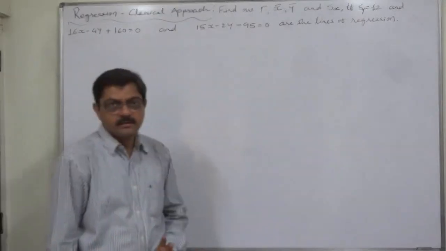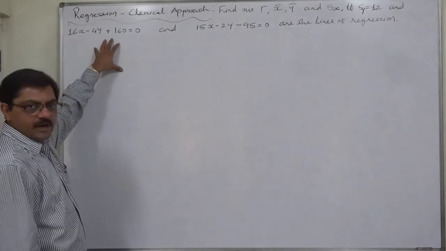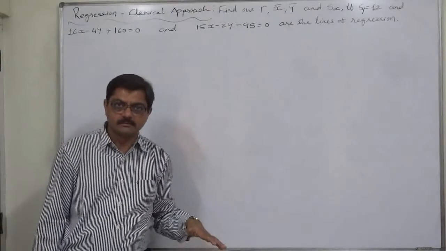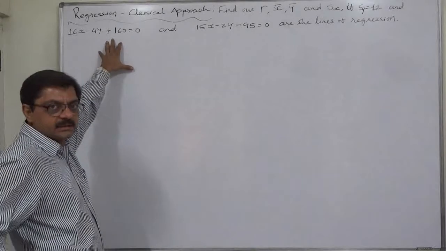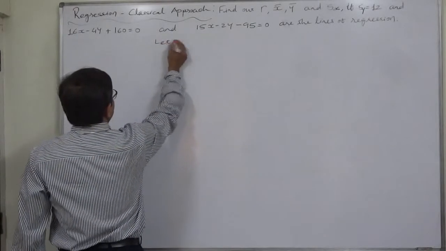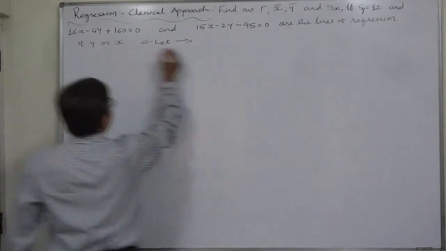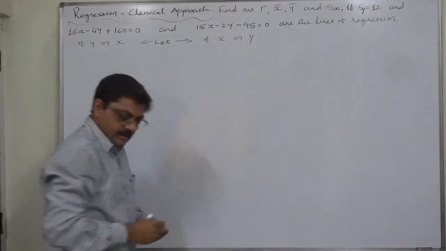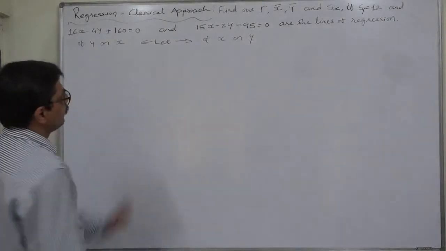So normally the paper setter gives the first equation according to our mathematical axiom. Deliberately it can be changed, but I don't prefer to change this kind of situation.